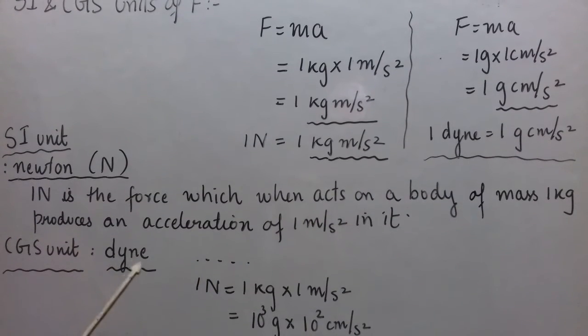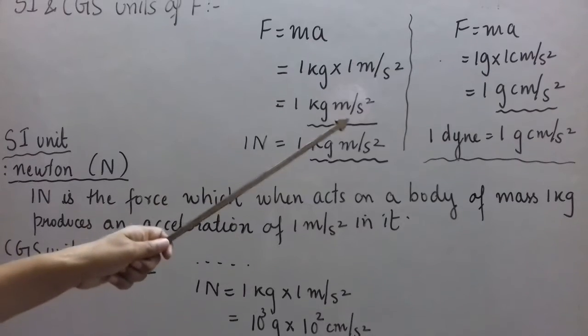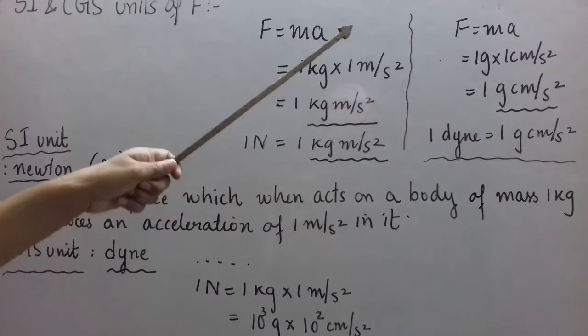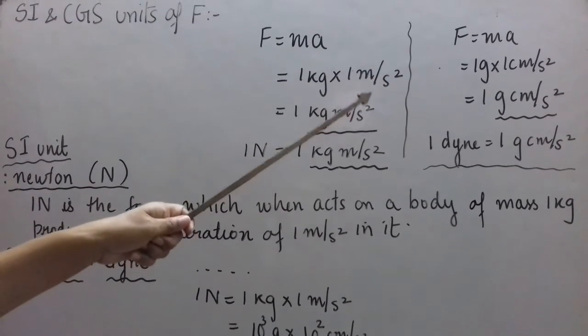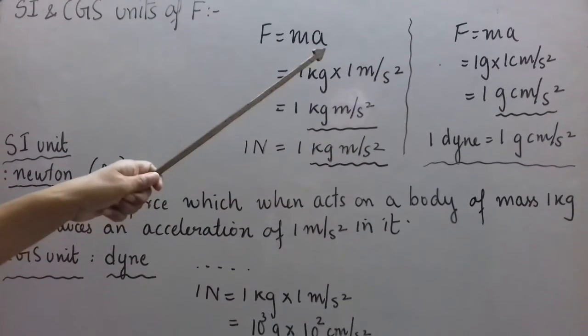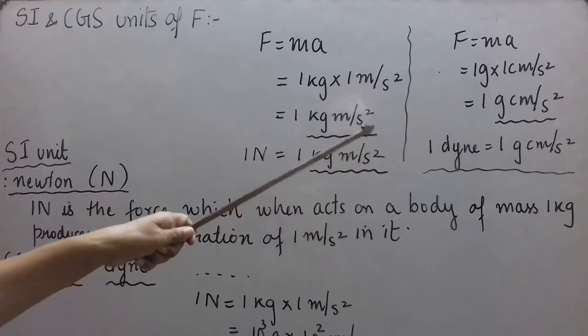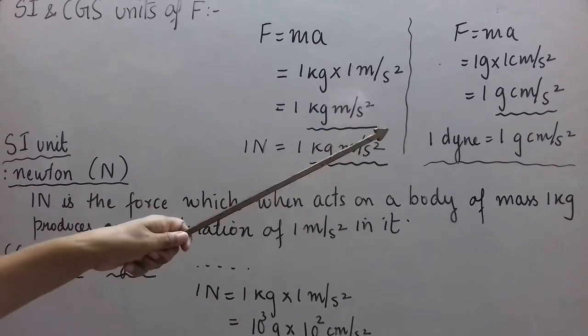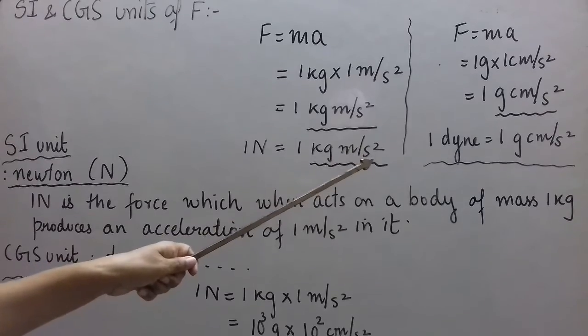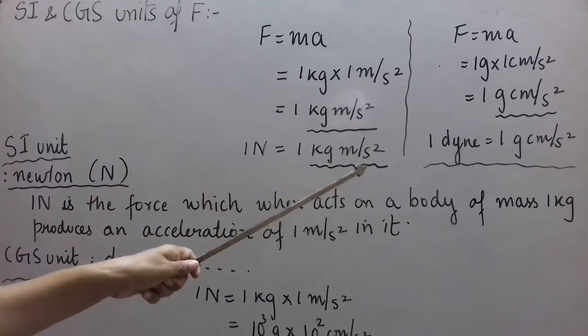And for the definition of this CGS unit, dyne of force, again I have taken on the right hand side mass to be 1 gram and acceleration to be 1 centimeter per second square, then force is 1 gram centimeter per second square. But gram centimeter per second square is also called dyne. So then F becomes 1 dyne.